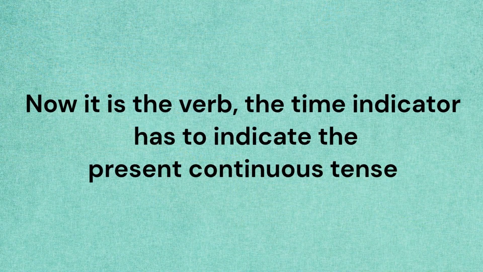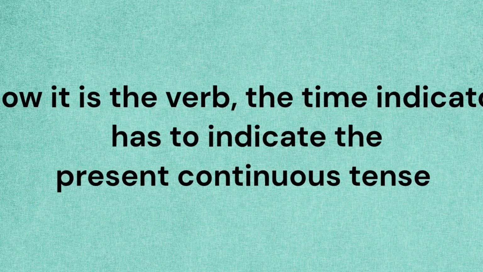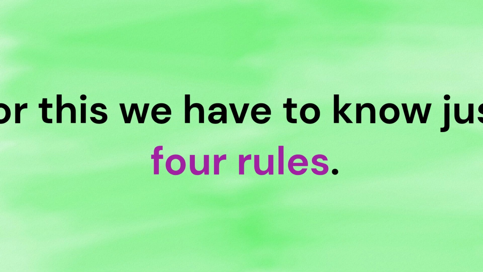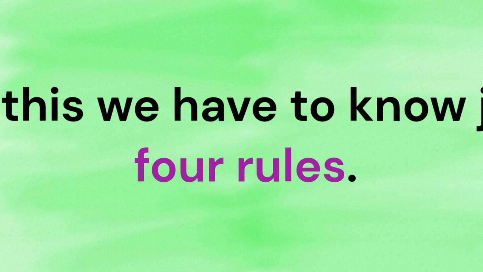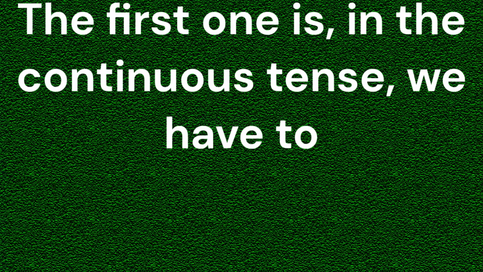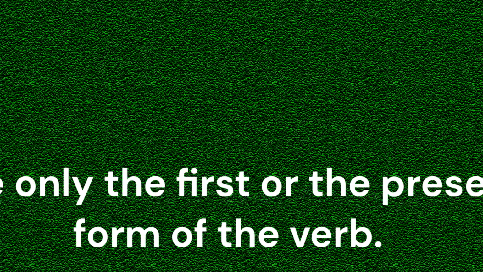Now it is the verb. The time indicator has to indicate the present continuous tense. For this, we have to know just 4 rules. The first one is, in the continuous tense, we have to use only the first or the present form of the verb.